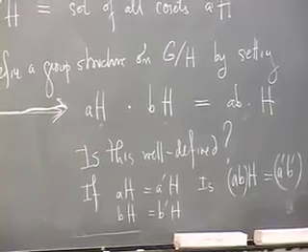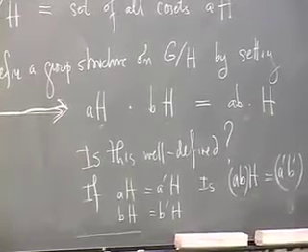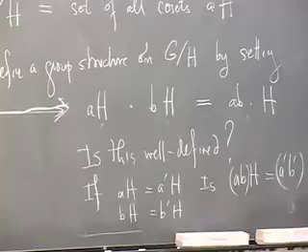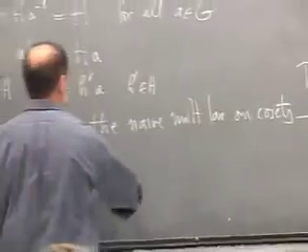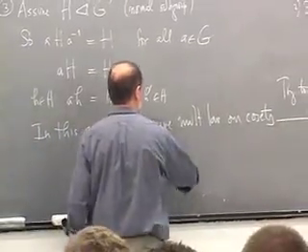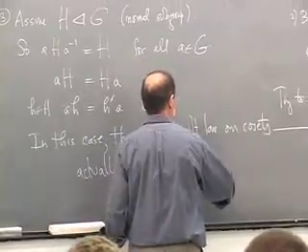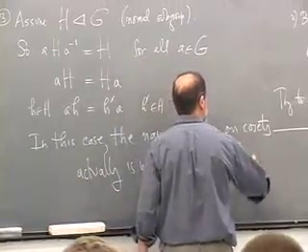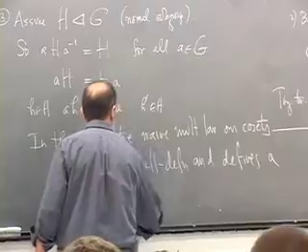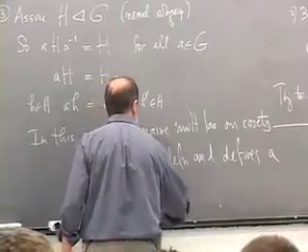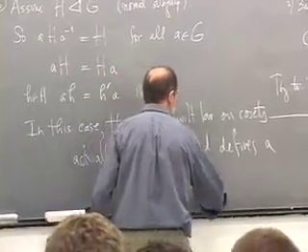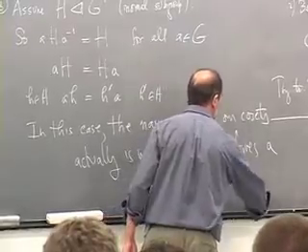Apologies. Okay. The naive multiplication law on cosets actually works, is well defined, and defines a group structure on G mod H, on the set of cosets.